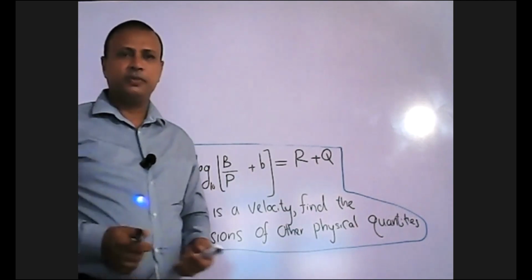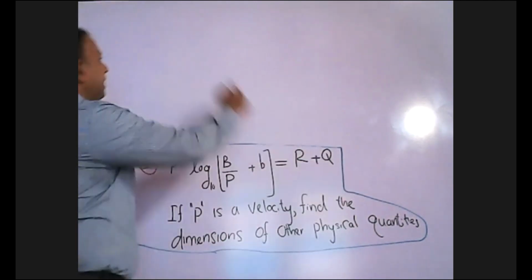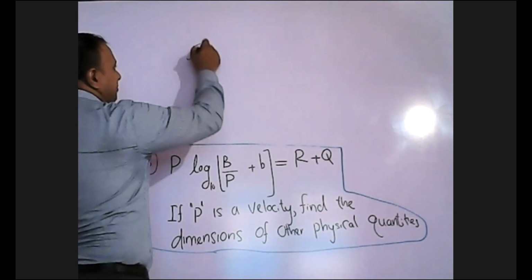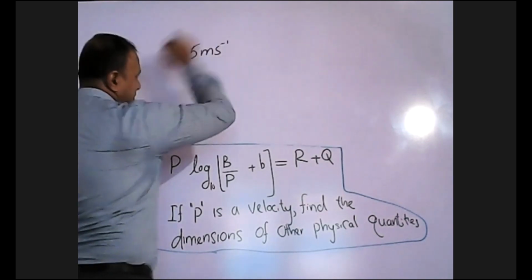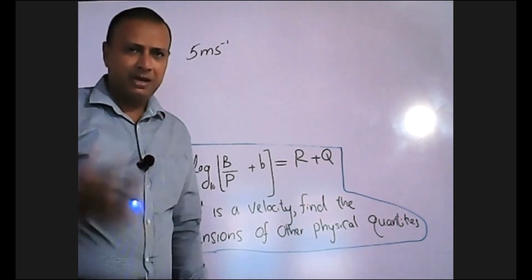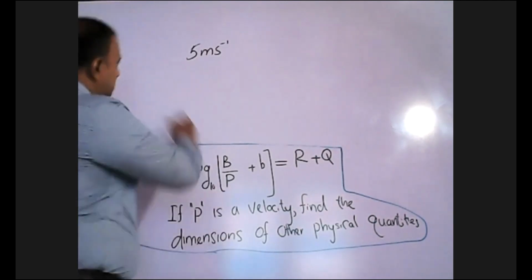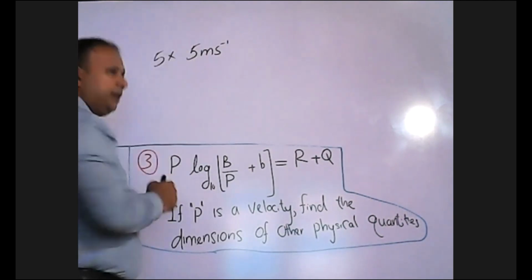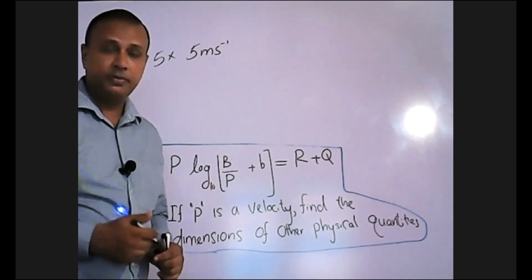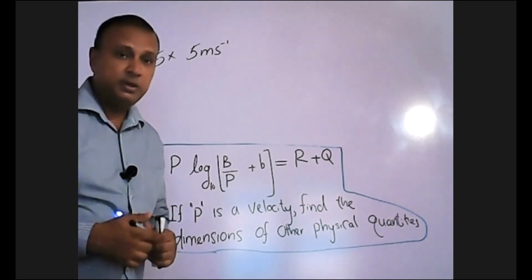That doesn't matter, no? Suppose there is a velocity. We can multiply that velocity by 5, so 5 times the previous velocity.